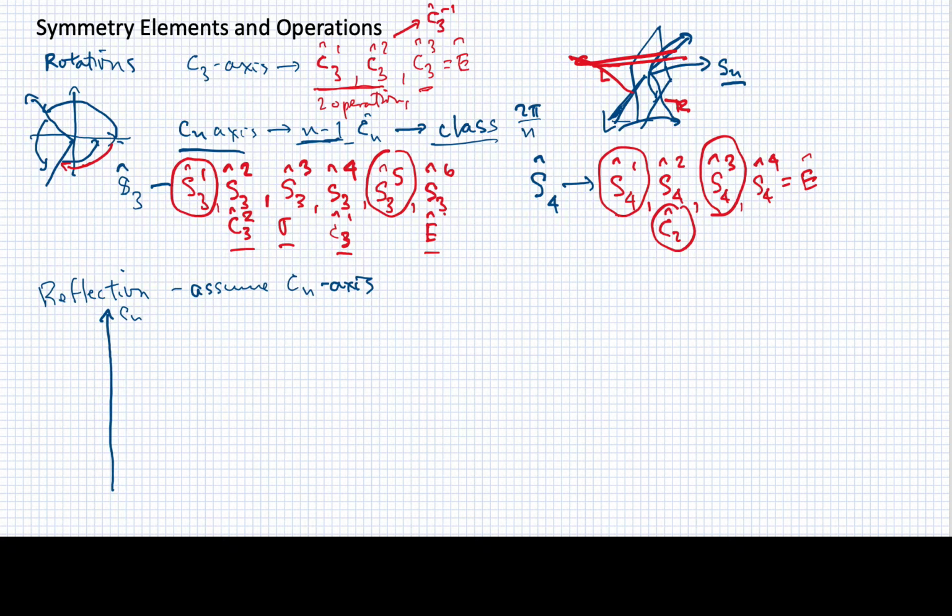Now the reflection can involve a plane that's oriented in various ways relative to this axis. For example, let's suppose that I have a molecule where my CN axis divides n equivalent points that are arrayed in a circle perpendicular to that axis.